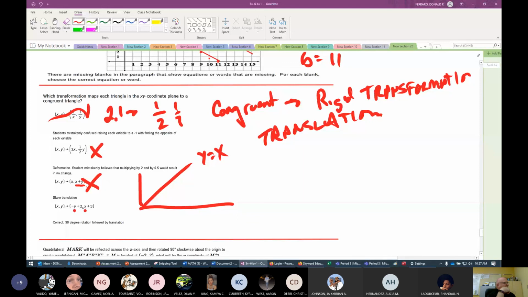They're not getting larger. So this is a skew translation, and it stays the same. So that's the rigid congruent triangle. That one, D, would be the answer to that one.